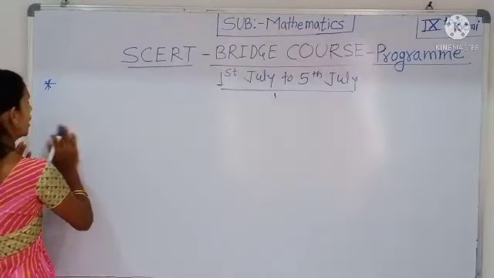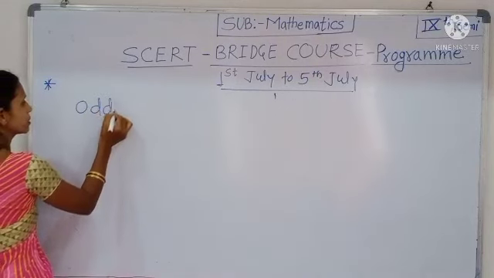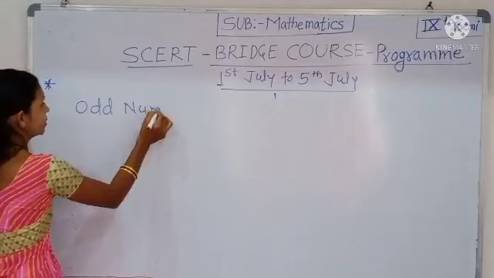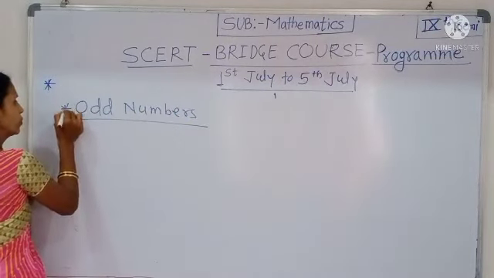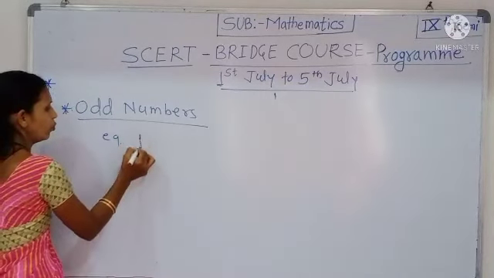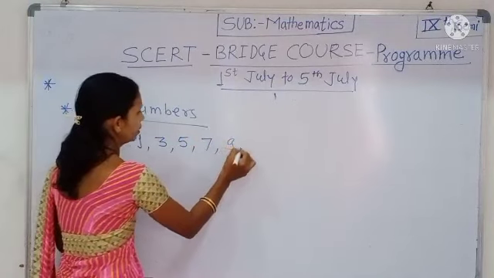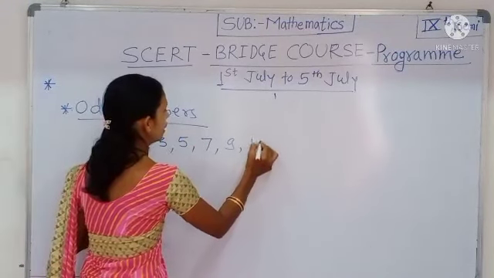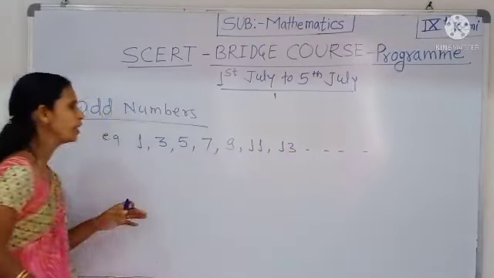We can classify a few numbers into odd numbers. All of you have studied odd numbers, for example 1, 3, 5, 7, 9, 11, 13 and so many odd numbers.